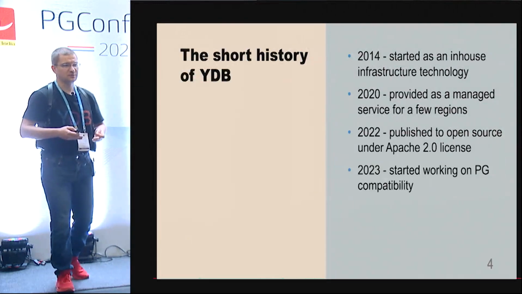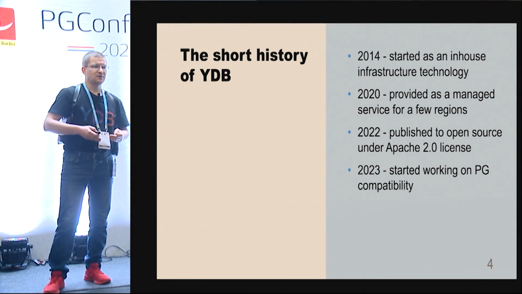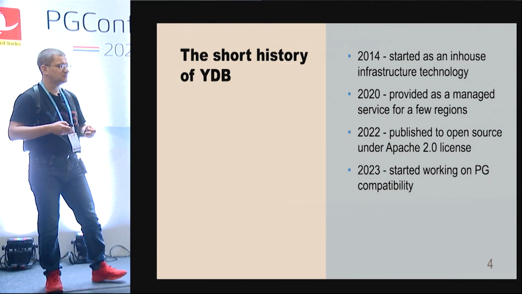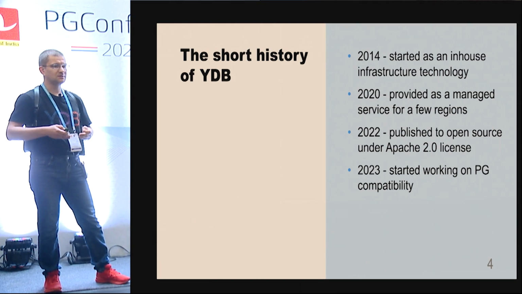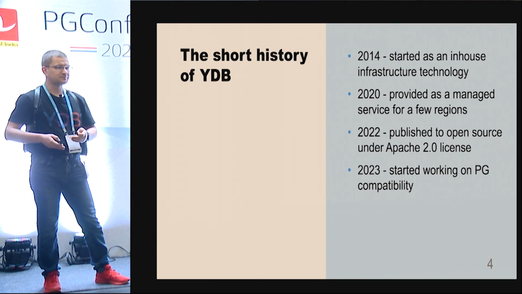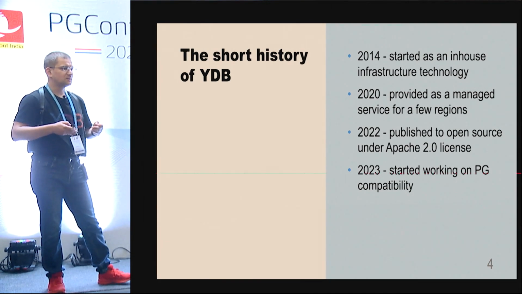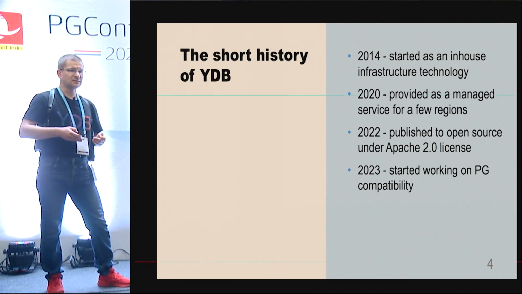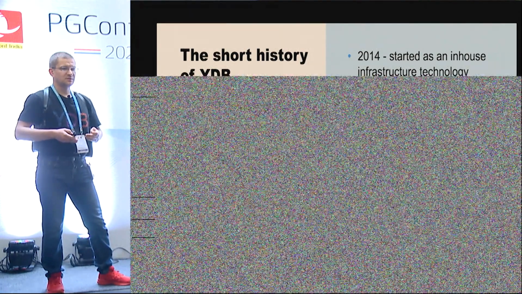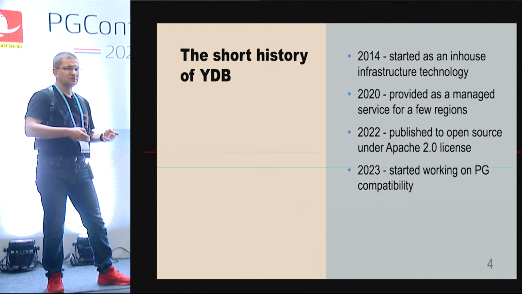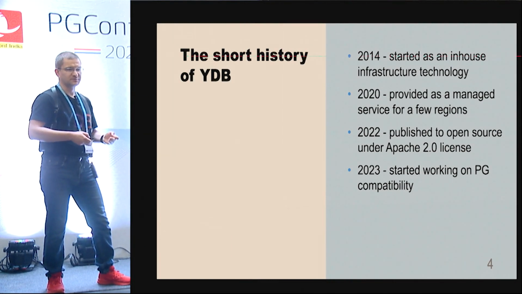A short story of YDB. YDB was started in 2014 as an internal infrastructure technology in Yandex. Yandex is a big internet search company in Russia. It handles a lot of data, big data. It handles petabytes of data, and our first adopters moved to YDB not from a usual database, but from special internal big data storages.